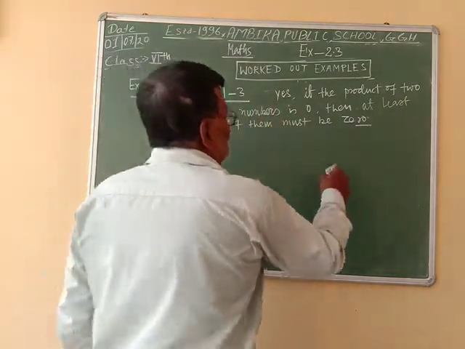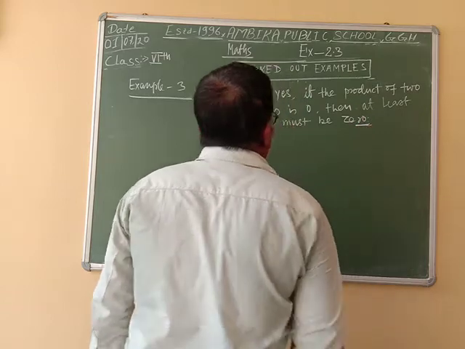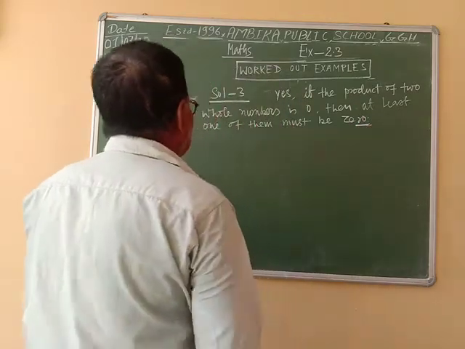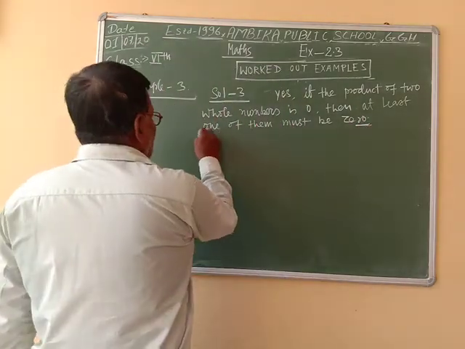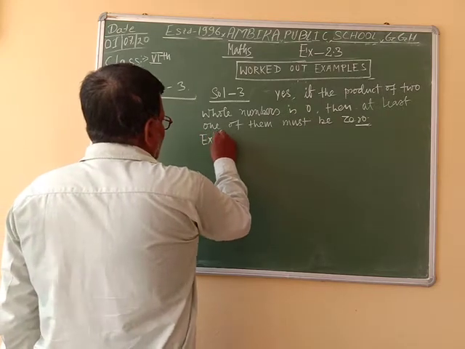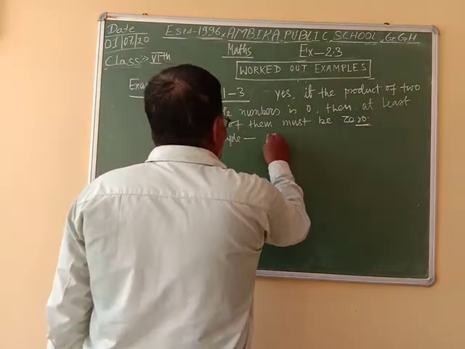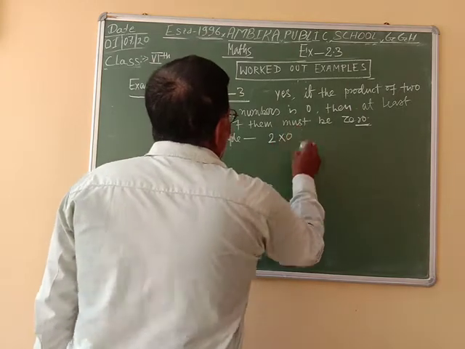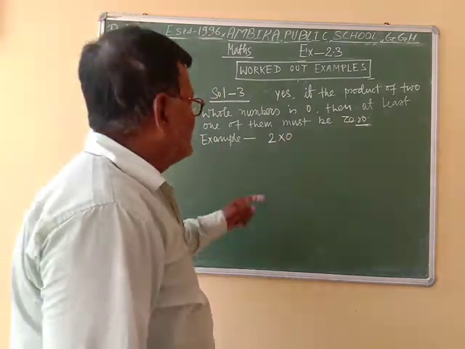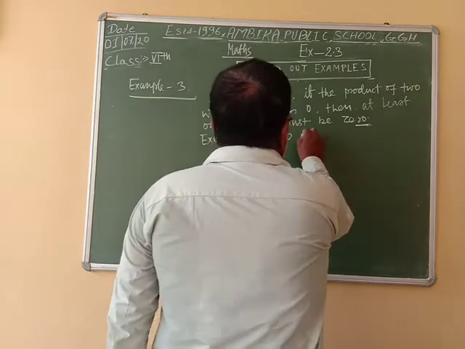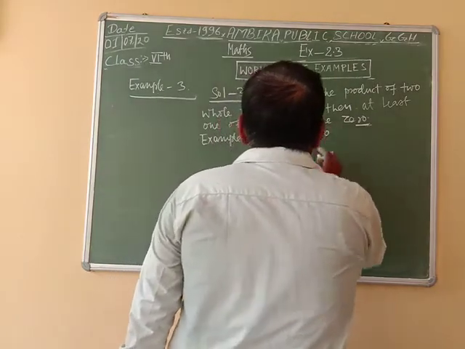We are going to verify this statement with examples. Here we multiply 2 by 0, because 2 is a whole number and 0 is also a whole number. The product is 0.